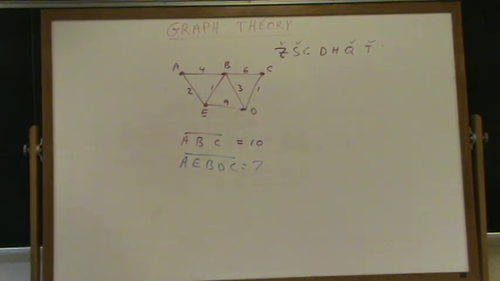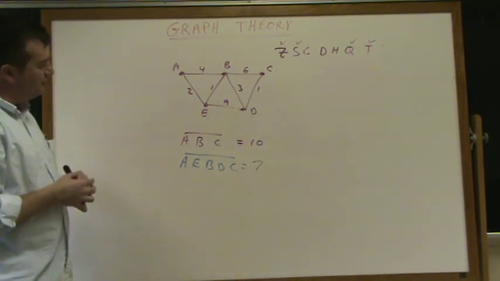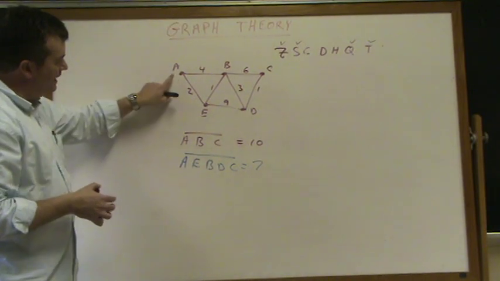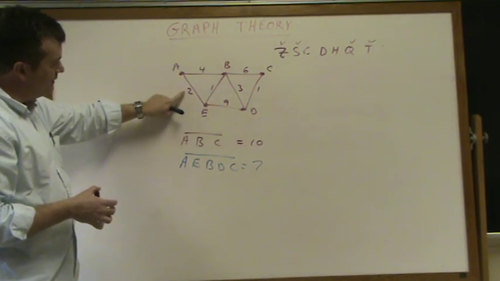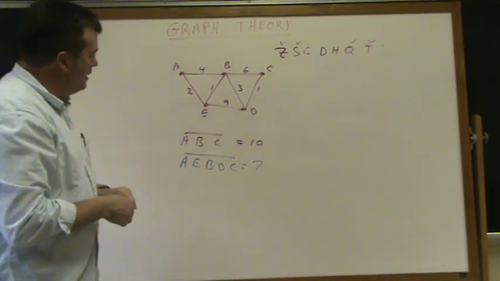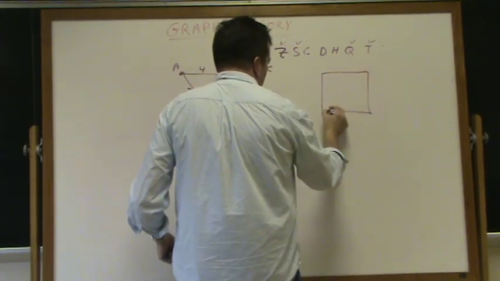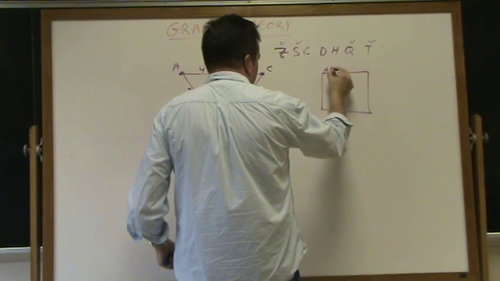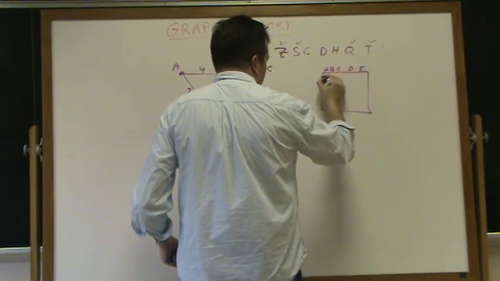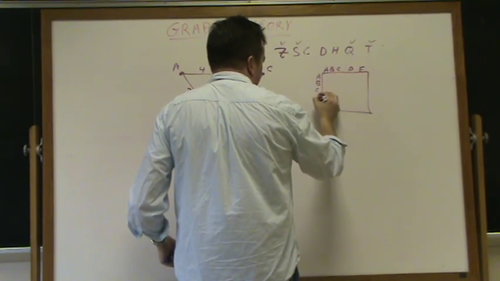If we wanted to record the values on each edge, how can we record in computer memory a picture like this? We could label the rows and columns A, B, C, D, E.